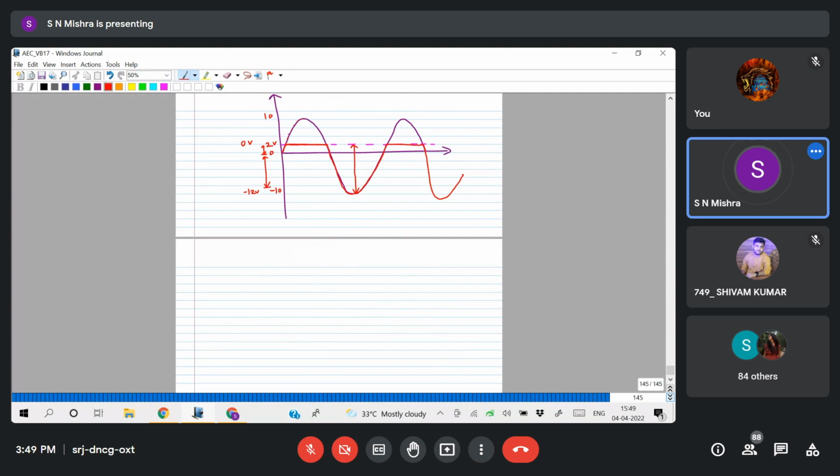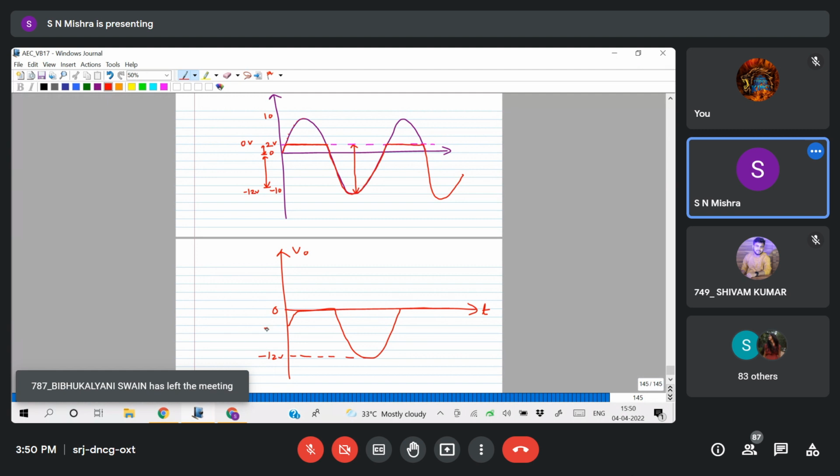So how will I draw? Like this, 0, like this. This is T, and this is your 0. This is your minus 12 V naught. This is minus 2.